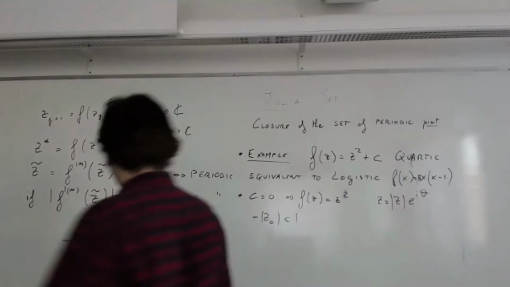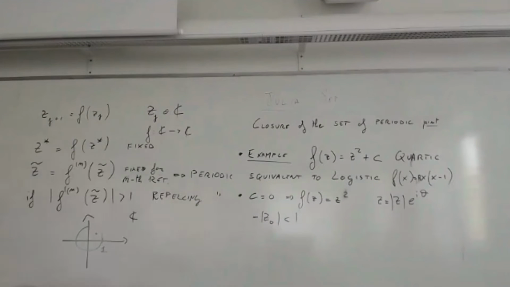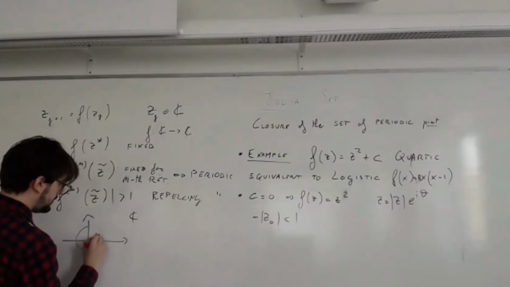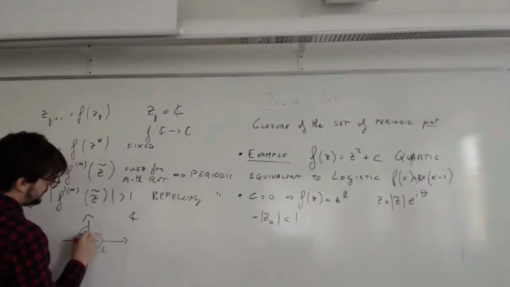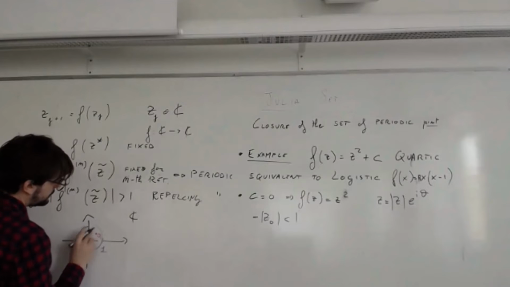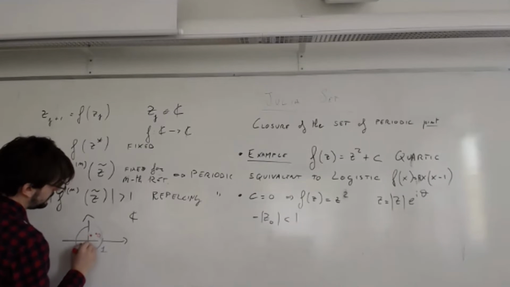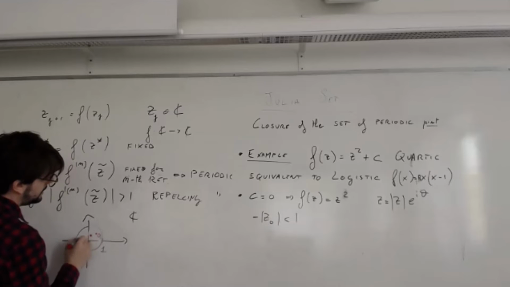So if z0 is here, then z1 will be closer to the center with a different angle, and then z2 will be still closer to the center, and this will approach 0 quadratically.